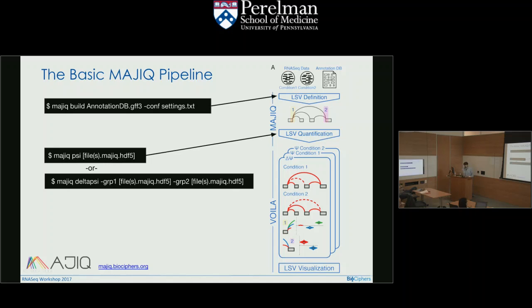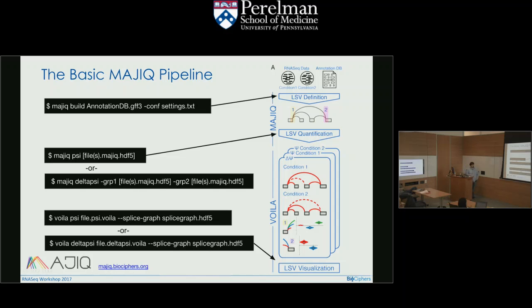Next, you run the MAJIQ quantifier. There are two different ways to run that, either psi if you're only looking at one experimental condition or group, or delta psi if you're comparing things. And finally, you use VOILA to visualize the results that the MAJIQ quantifier put together for you.